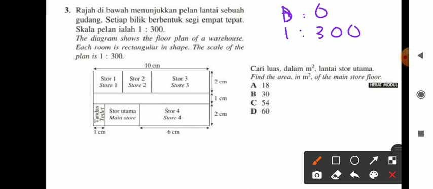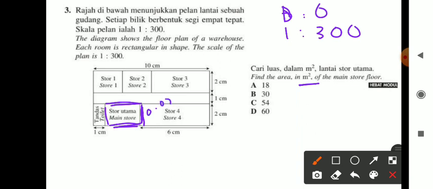Okay. In meter. Oh, because the question wants it in meter. Oh, you change it to meter first. Okay. Main store is here only. The purple part. Okay. So 2 cm. 2 cm in meter is 0.02.